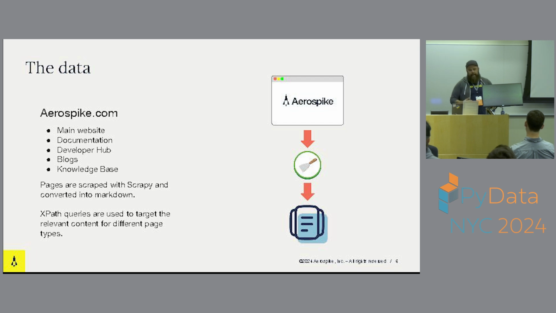And the reason that we did that is because the main website, the documentation, the developer, the blogs, the knowledge base, they all seem, well, the knowledge base not really, but the other ones all seem like one cohesive website. They're actually three totally separate websites with a whole reverse proxy that I had to build in the background to make it look like they all live on aerospike.com, but they don't.